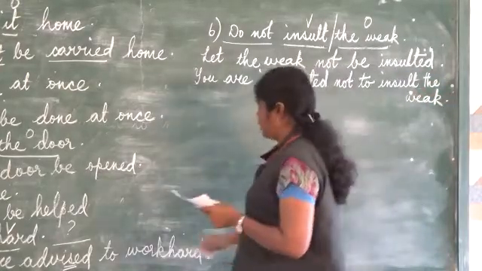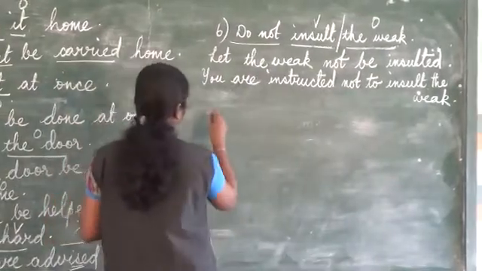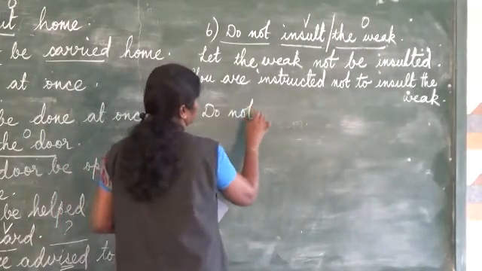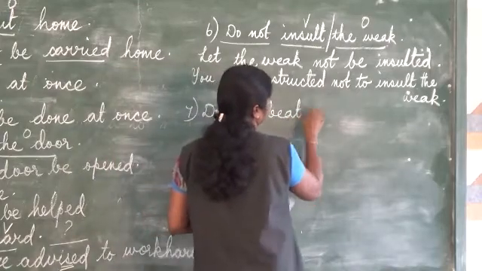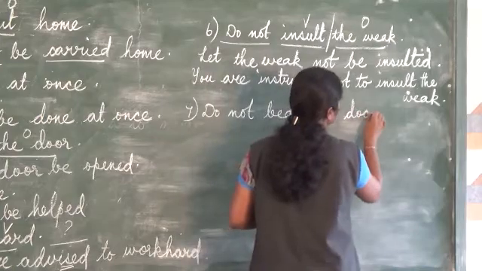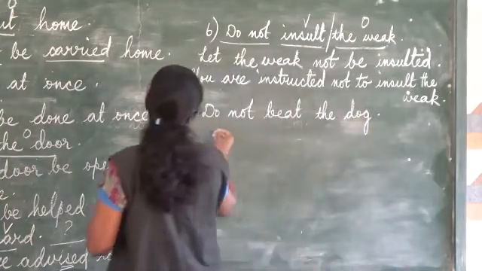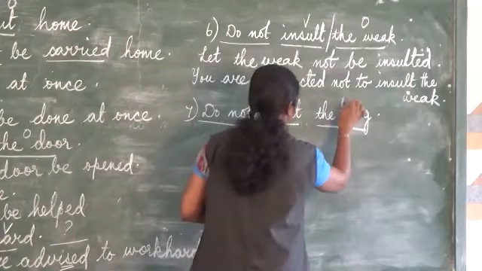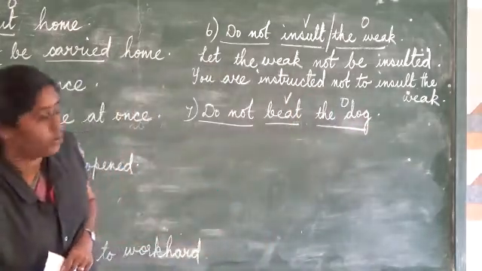Okay. Now one more example. "Do not beat the dog." So this is again a negative imperative. This is the verb and this is the object. Clear? Okay.